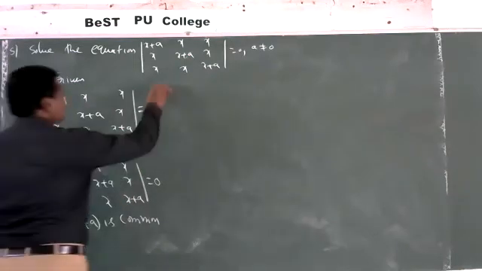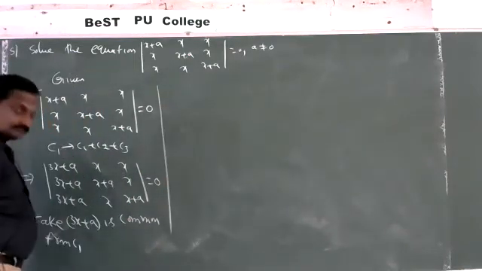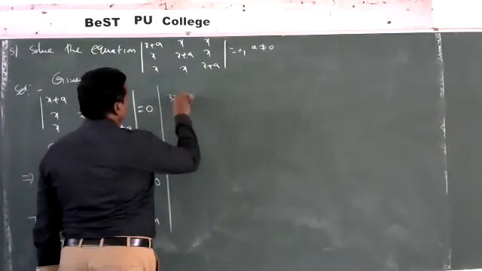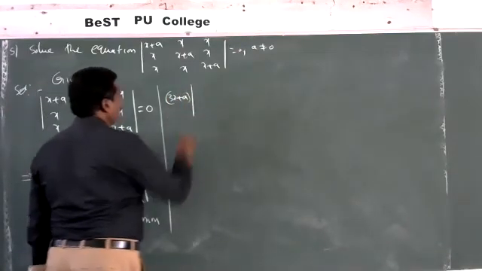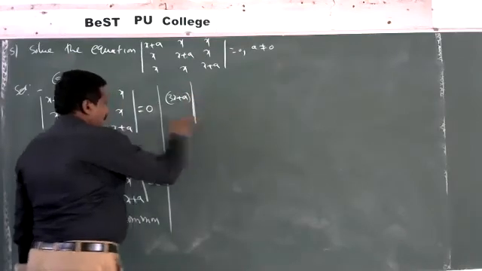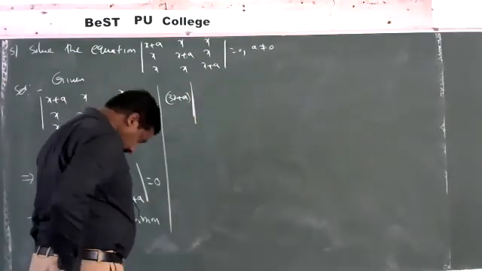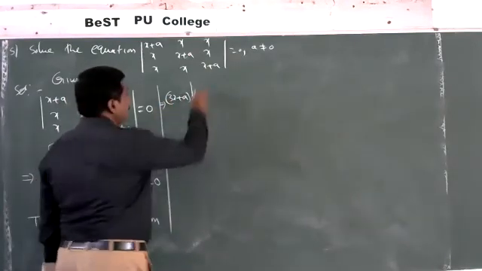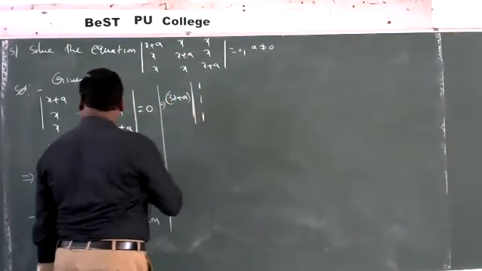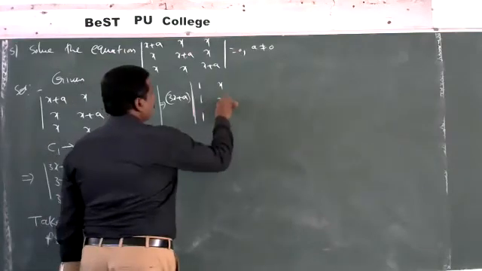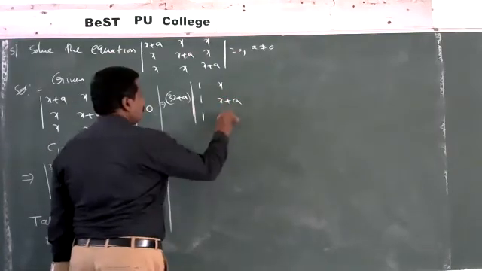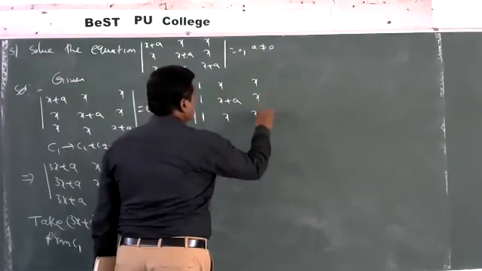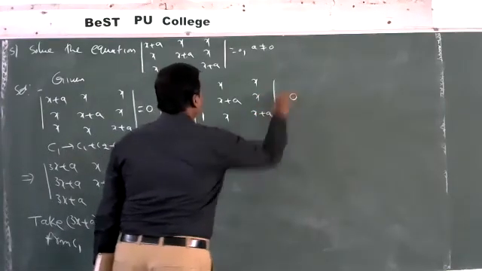If you take 3x plus a common, then it is 1, 1, 1, x plus a, x, x, x plus a equal to 0.